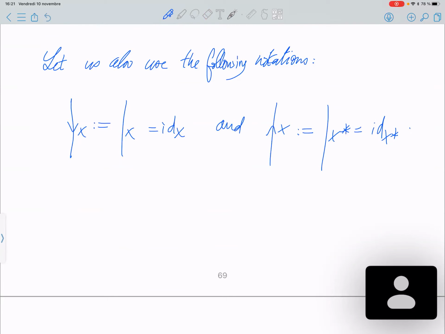So you no longer need to consider the dual; you only need to change the orientation.